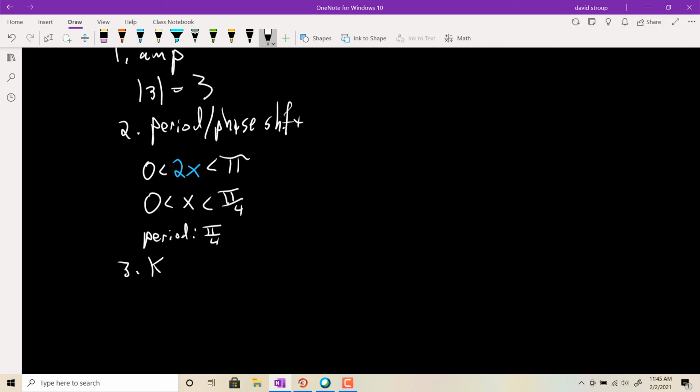And then finally, for your key points, you're going to start at 0, and then you're going to add in the period over 4. So the period is pi over 2, divided by 4. Pi divided by 2 is pi over 2.